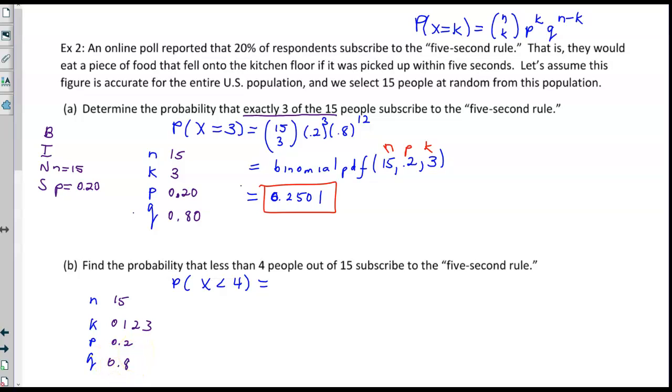So when you do multiple cases, even with using the calculator, you still have to write out at least the first and the last term. So 15 choose 0, 0.2 to the 0, 0.8 to the 15 minus 0 or 15, plus dot dot dot, plus 15 choose 3, 0.2 to the third, 0.8 to the 12th.